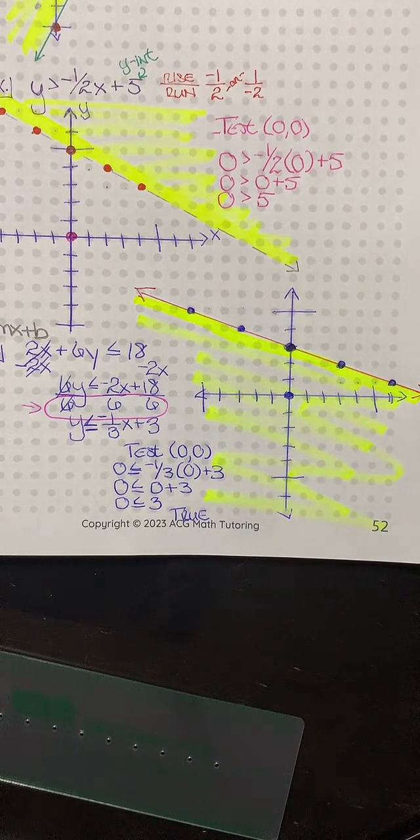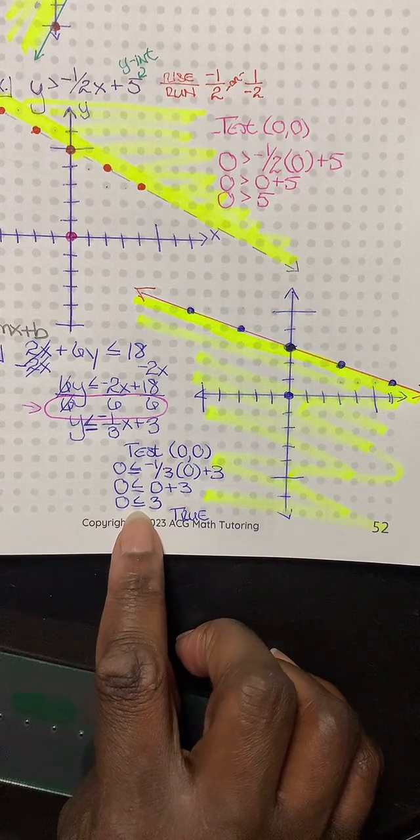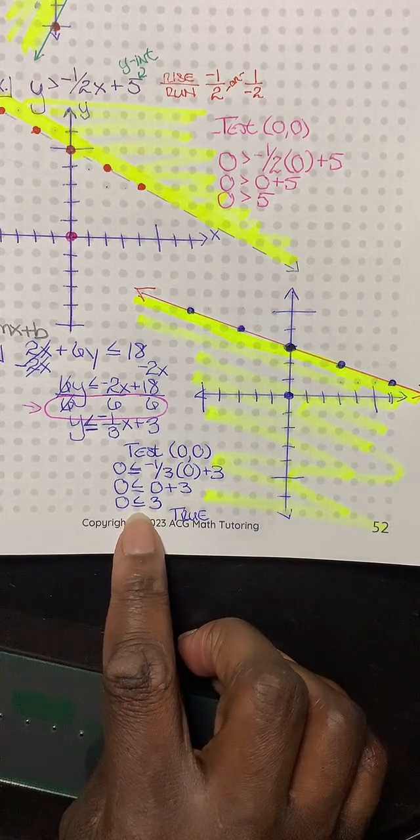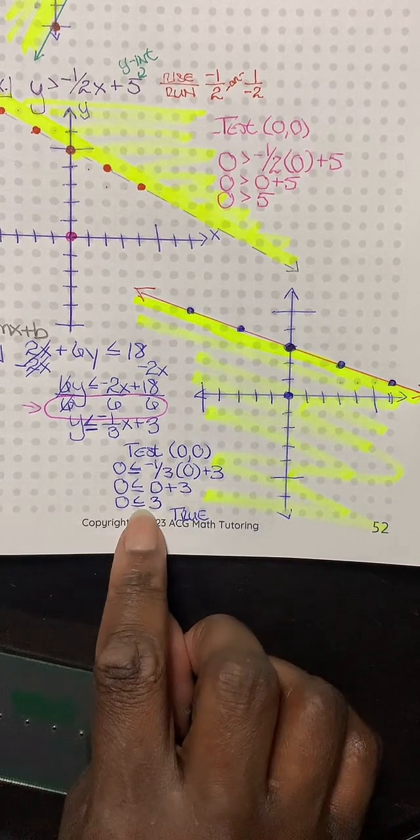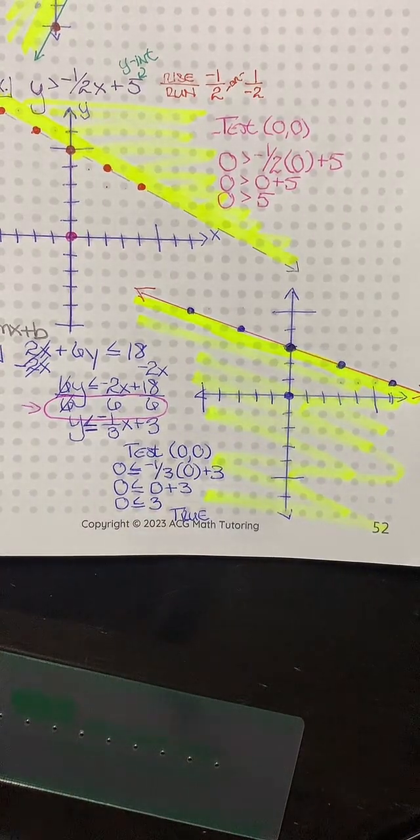I know 0 doesn't equal 3. Okay? It doesn't equal. It's less than or equal to. That's what this is really saying. A lot of people think it's less than or equal to and equal to. It's not and. It's less than or equal to. That's the correct pronunciation. Yes. Thank you, Bridget.